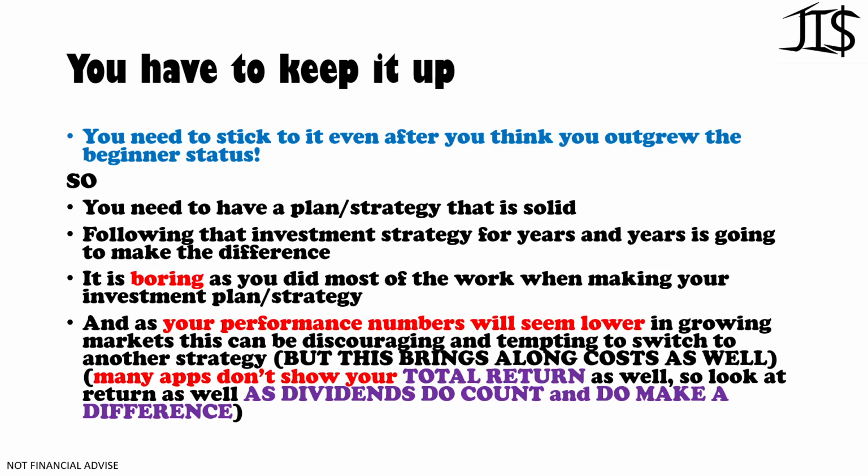And it's an annoying thing that some apps don't show your total returns as well. So when you are a dividend investor, don't forget that your dividends do count and do make a difference in the long run as well.